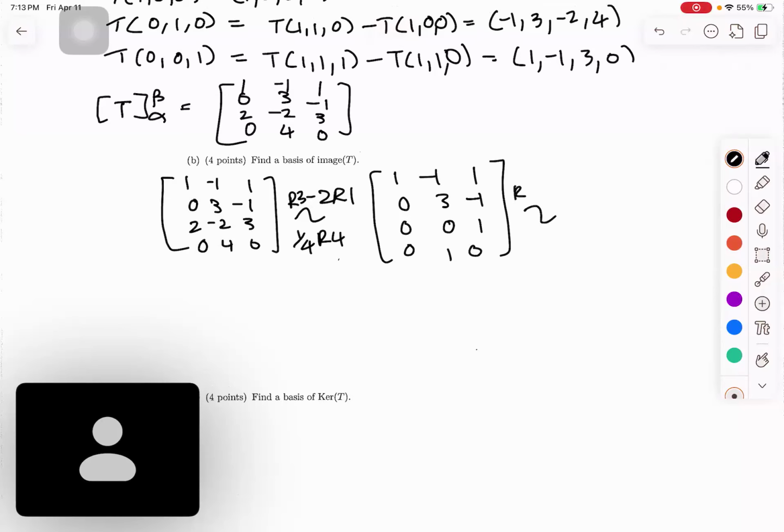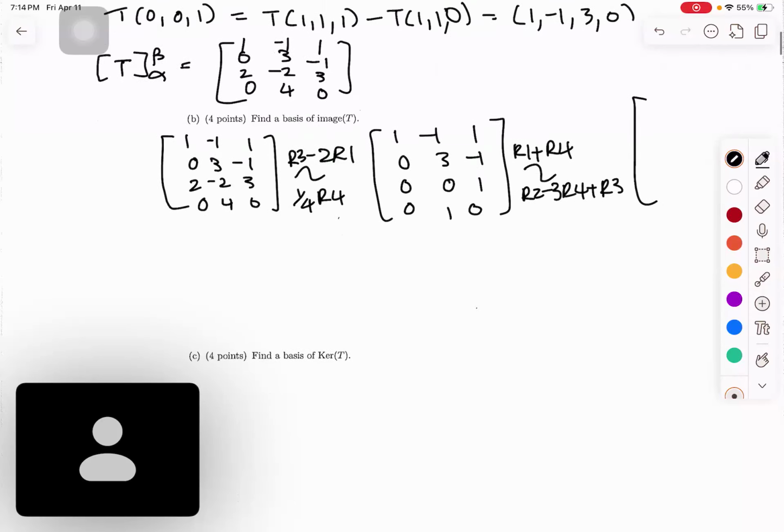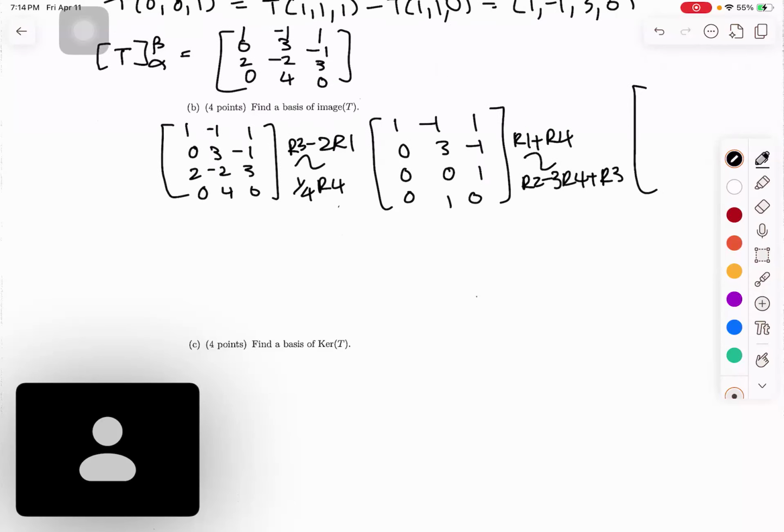We can take R1 plus R4 and R2 minus 3R4 plus R3. And this leaves us with 1, 0, 0, 0, 0, 0, 0, 0, 1, 0, 1, 0.